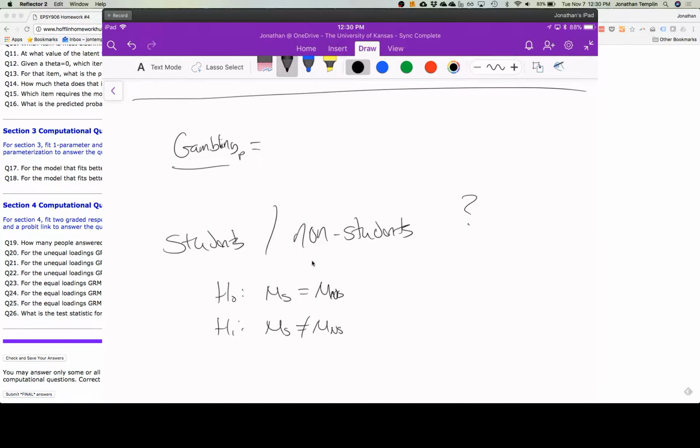Gambling for the person is equal to beta 0 plus beta 1 times student, where student equals 1 if a student and equals 0 if not. And then maybe we have some error for the person.